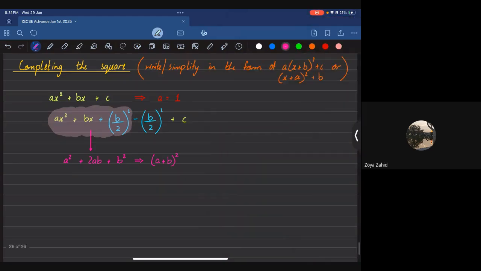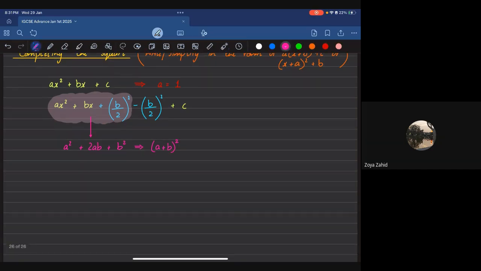All right, guys. So this is supposed to resemble a squared plus 2ab plus b squared, which we know can be simplified to (a plus b) whole squared. Therefore, you're going to write this entire thing down as ax plus b whole squared, and this minus (b over 2) whole squared, and c.